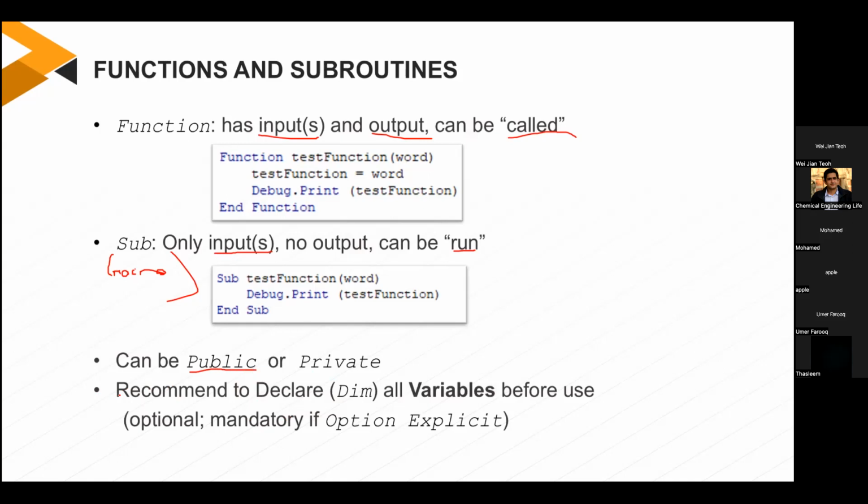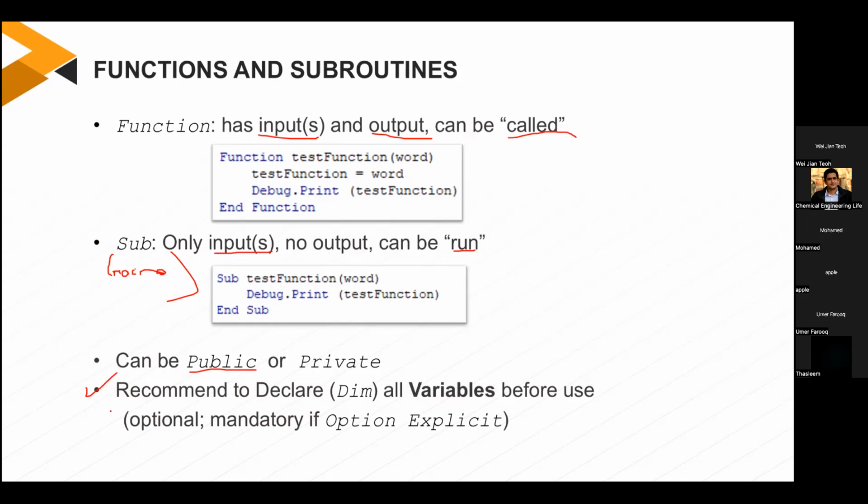And if you have experience from another programming language such as C++ or MATLAB, you have to know that in Excel it is optional to declare the variables before use. You don't have to, but it's actually a recommended practice, to ensure that you have declared all variables properly so that you don't have issues down the line.